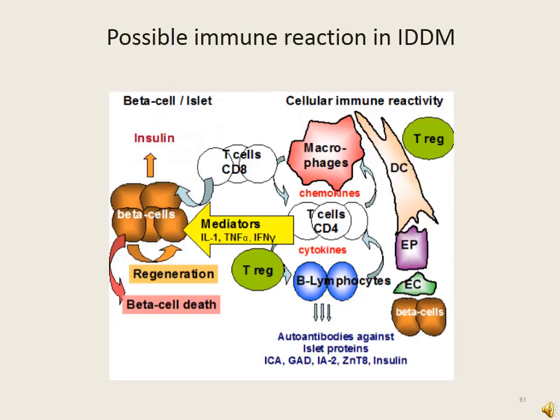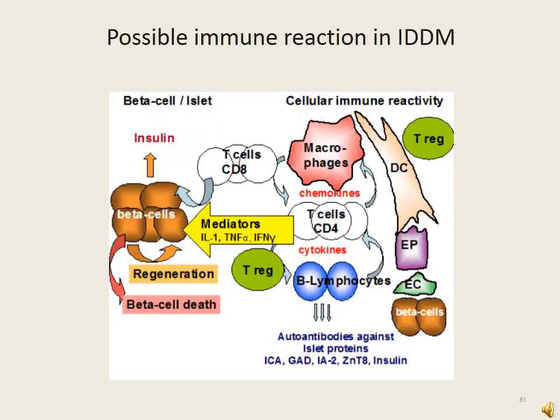So the T cell can go and destroy the beta cell directly. As for the CD4 T cell, it will release the cytokines, written down as chemokines, that will activate macrophage.